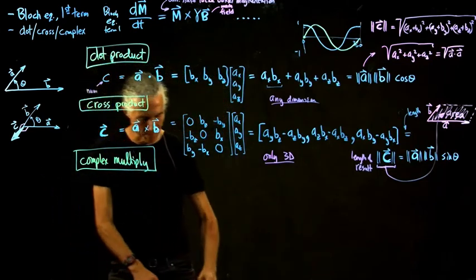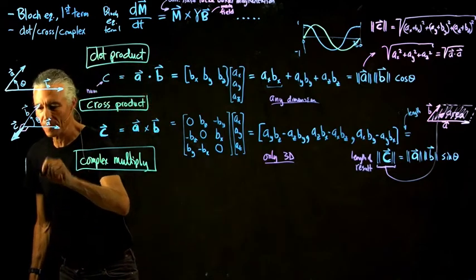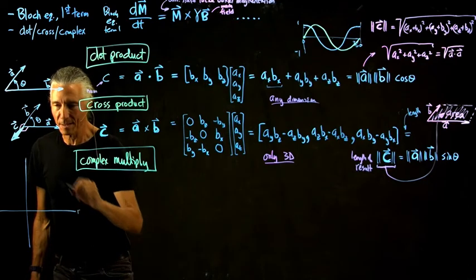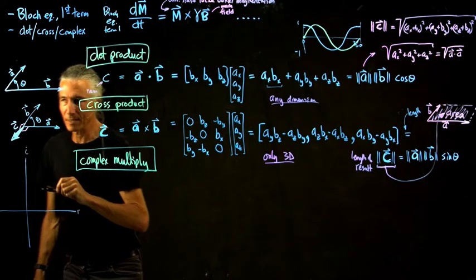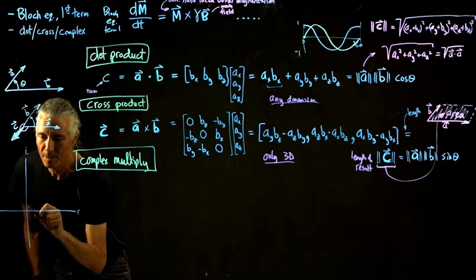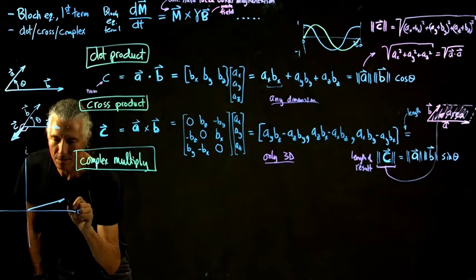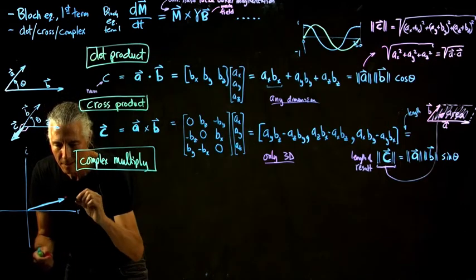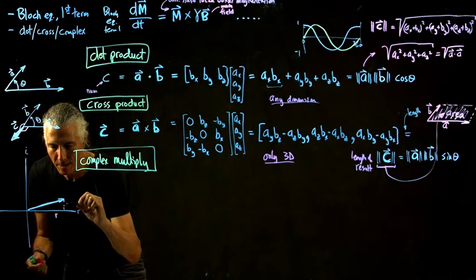And so let's draw out some complex numbers. If we put the real axis this direction and the imaginary axis this direction, you can just think of a complex number as a vector. So here's the real part of it, over here, and here's the imaginary part of it.